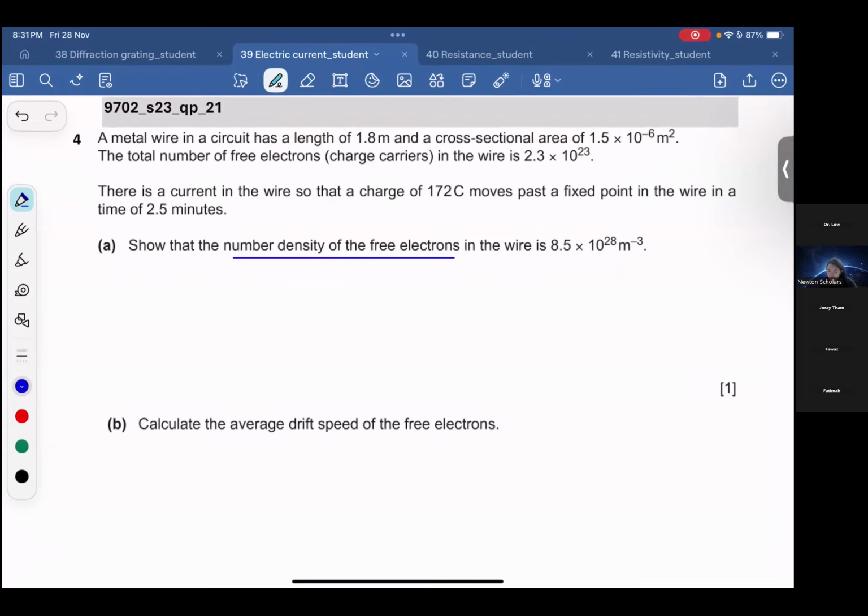A metal wire in the circuit has a length of 1.8. Okay, this is the length. Prove, dear. Try to prove. So this is the area. Number of electrons. Number density is the number of electrons divided by volume. Where is the volume? Area and the length.